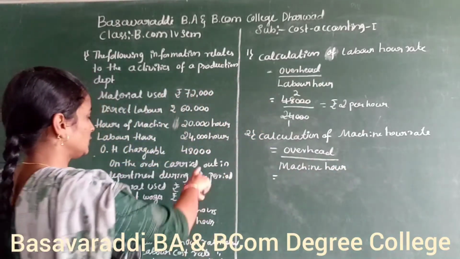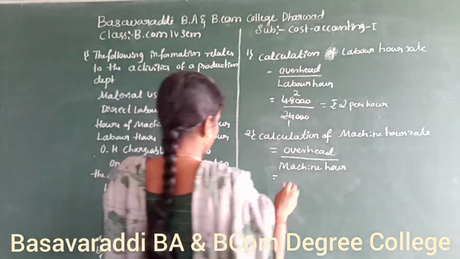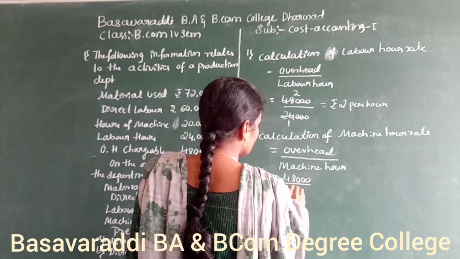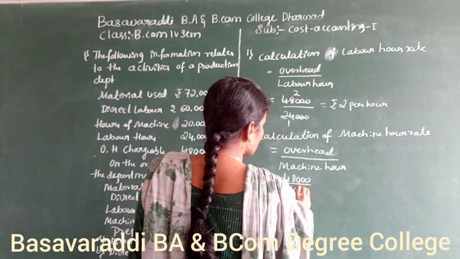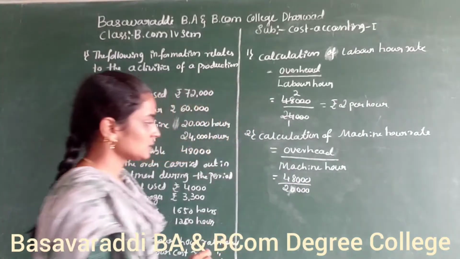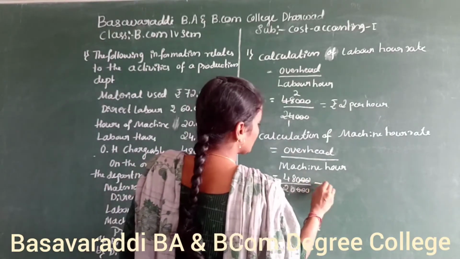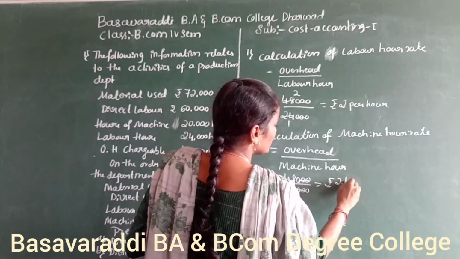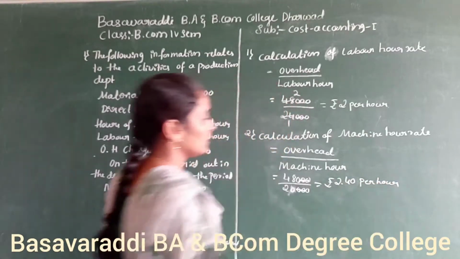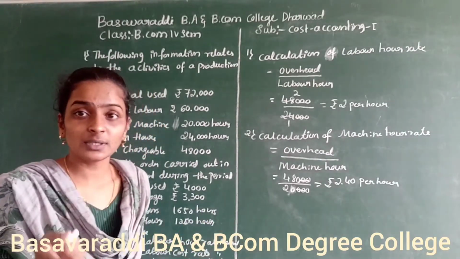Overhead is 48,000, machine hour is 20,000. 48,000 divided by 20,000. The zeros get cancelled. It is 2.40 per hour. Okay, I hope you understood how to calculate the machine hour rate.